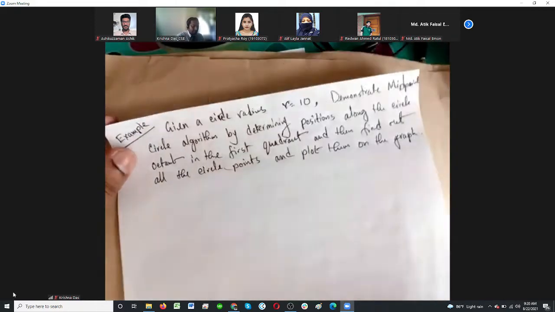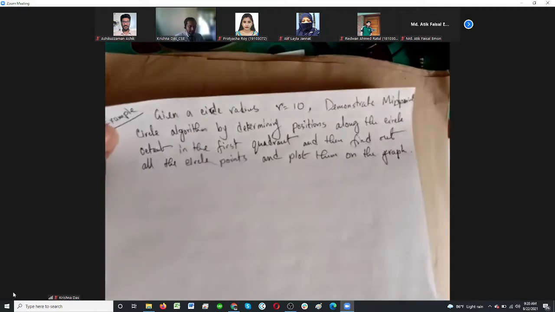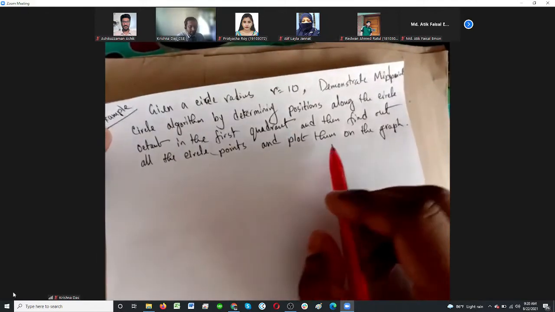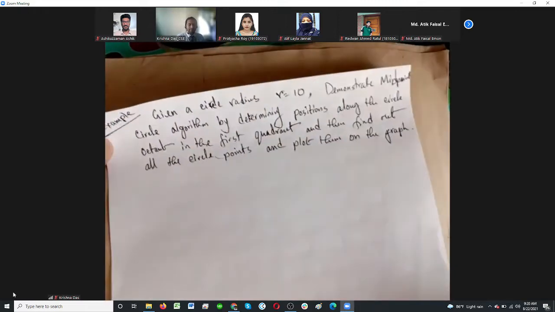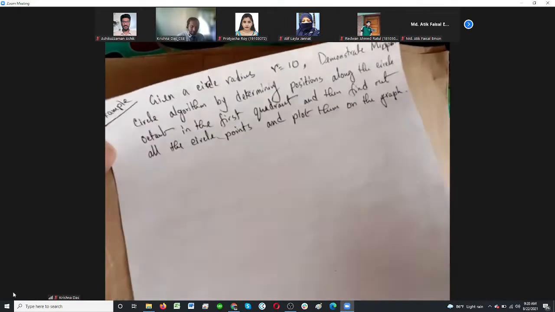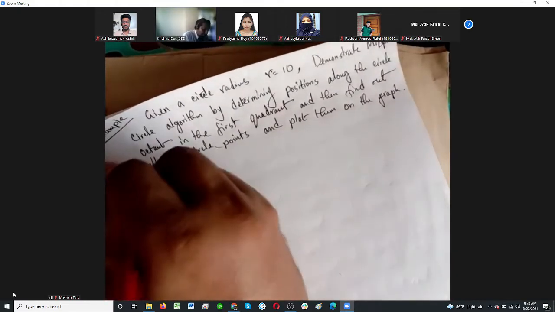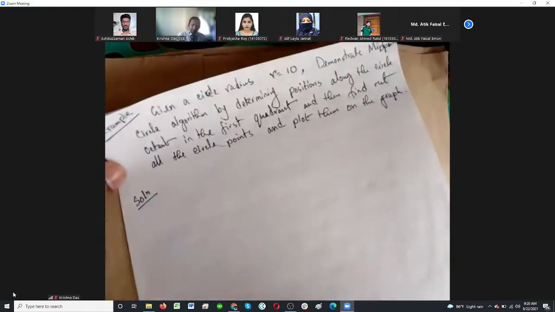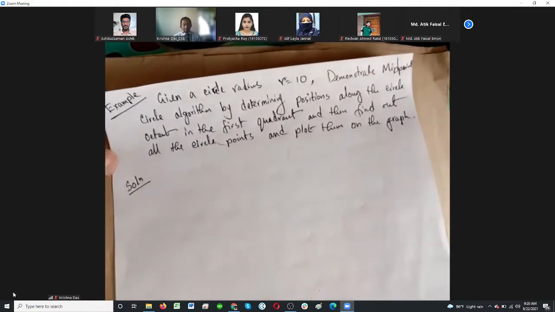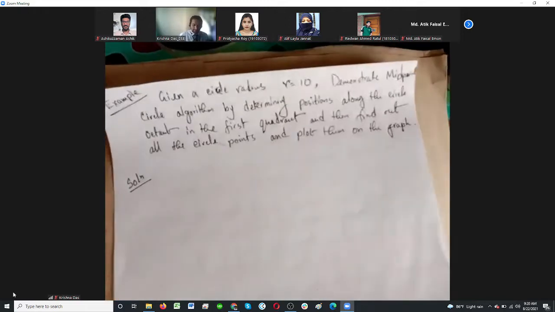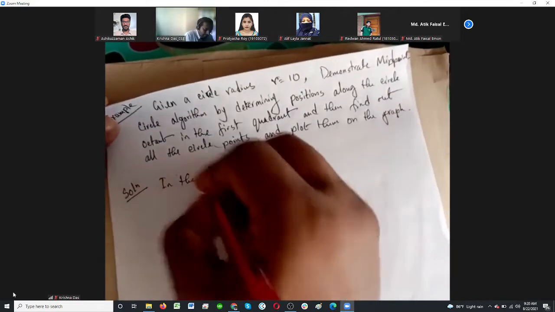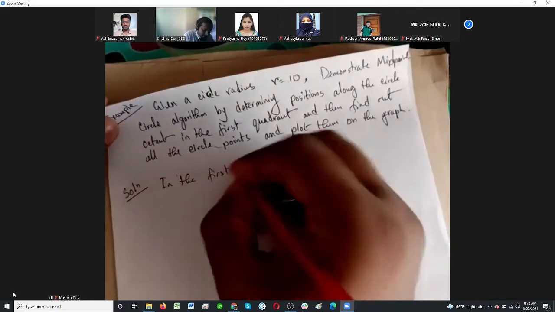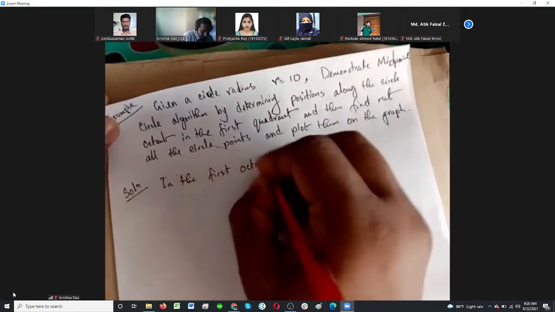So in this case, the question mentions plotting them, so that you can understand, the graph activity also has to be done. In the solution, we have around 10 minutes left, so we have to be a little bit quick. In the first octant, we define our first point.